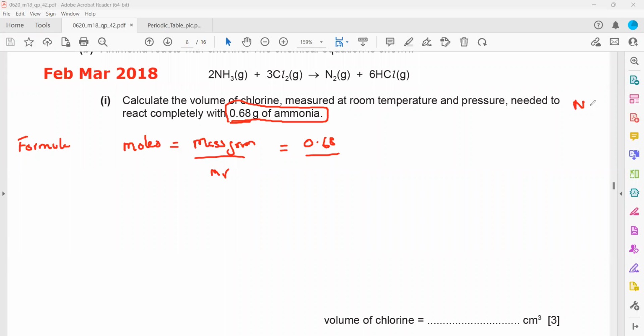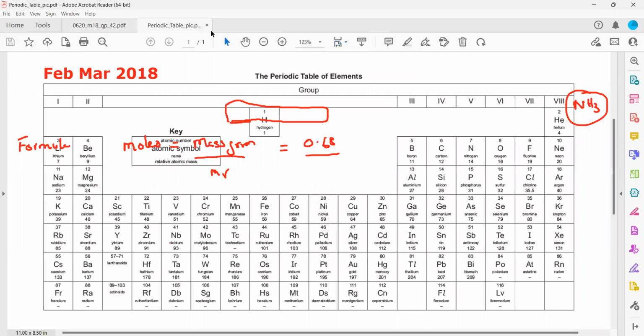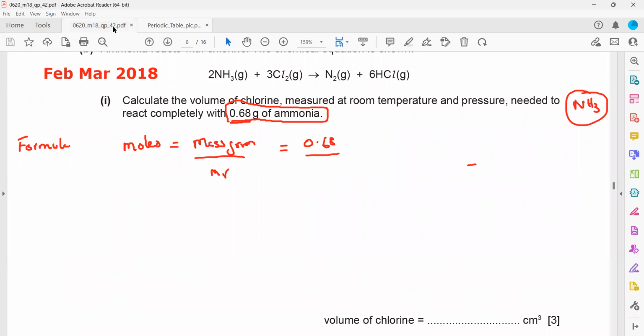Ammonia is NH3. For molar mass, you have to use the periodic table. Nitrogen is 14 and hydrogen is 1, and there are 3 hydrogens, so multiplied by 3. That will be equal to 17.